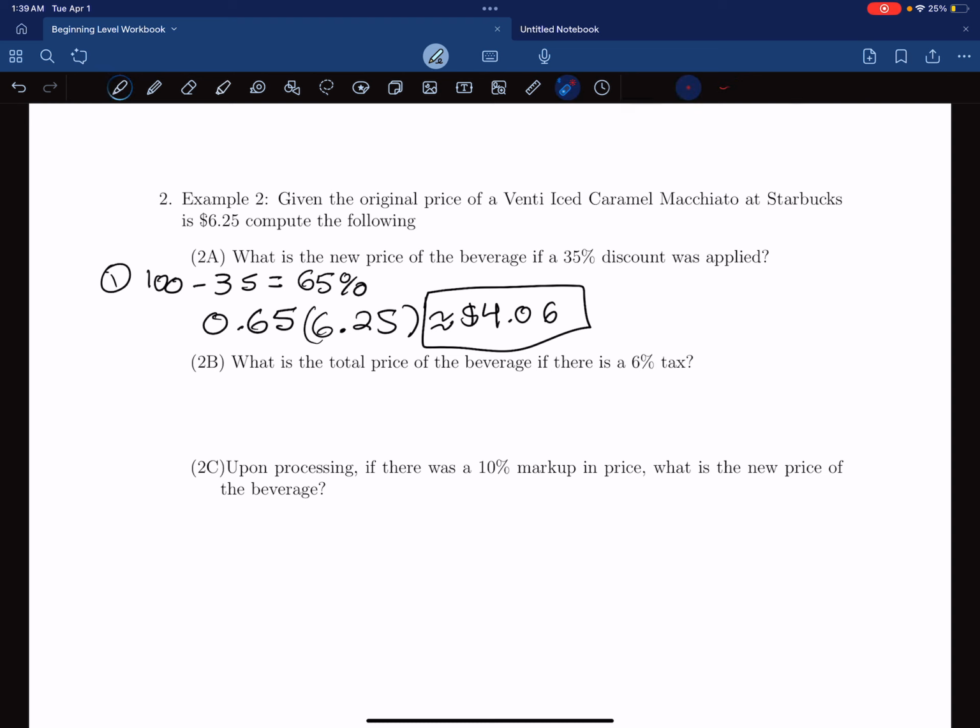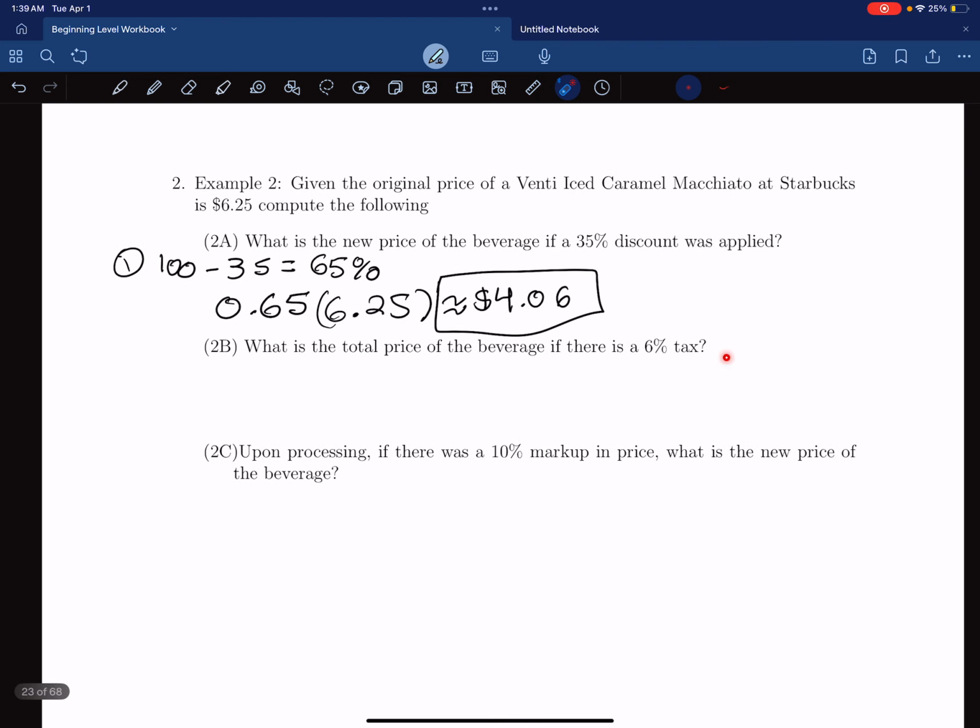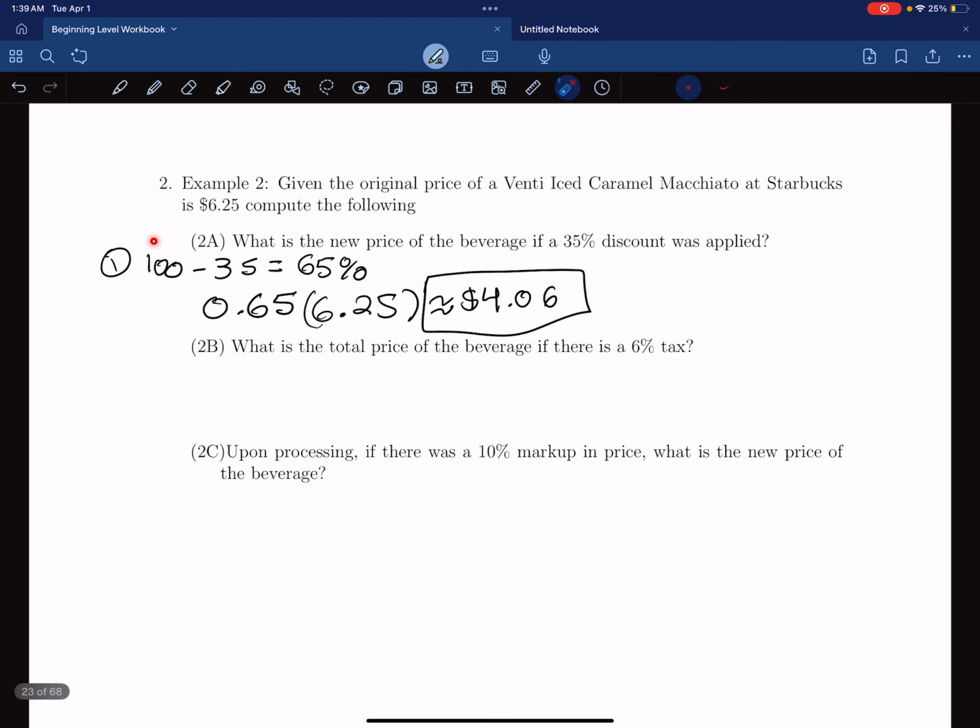Now, in example 2, or in B, we want to know the total price of the beverage if there's a 6% tax. So remember, tax is a percent increase because we're adding on to the value. So we're going to take 100% because 100% of 6.25 would be 1 times 6.25, which is 6.25.